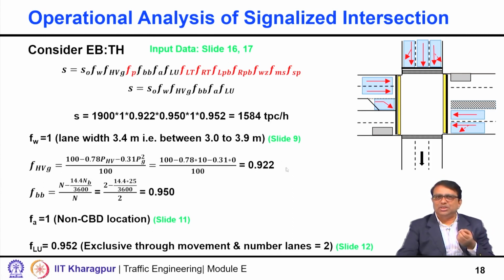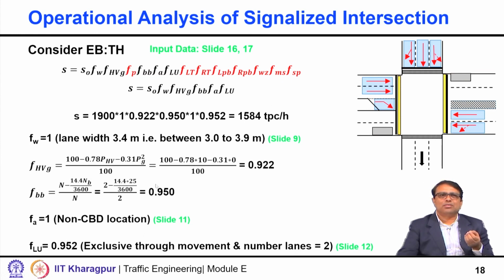So, you get FHVG as 0.922, and the next correction is FBB, bus stop. Yes, there is a bus stop here, and we have seen that there are 25 buses per hour. So, n minus 14.4 into 25 divided by 3600, n here is 2, the number of lanes.